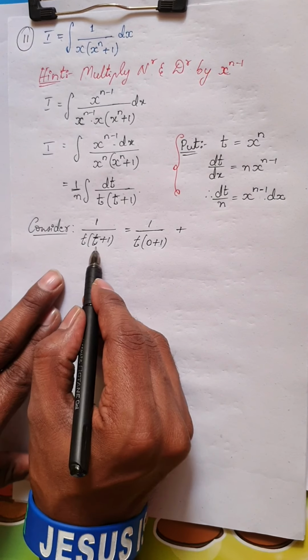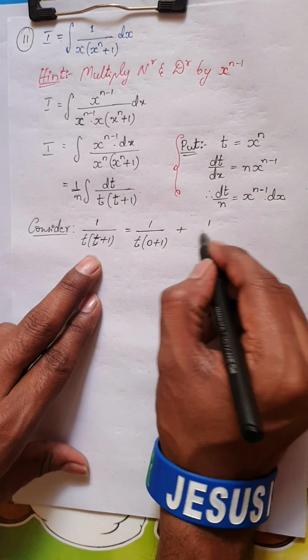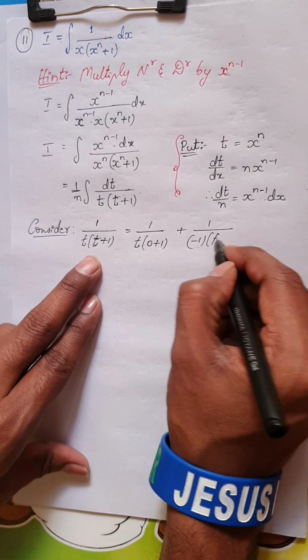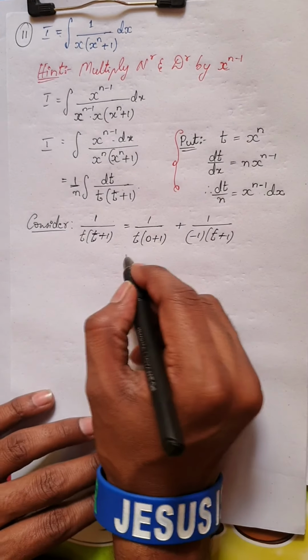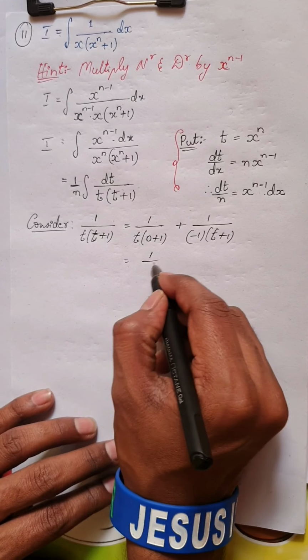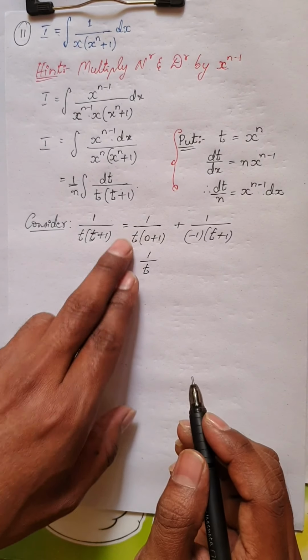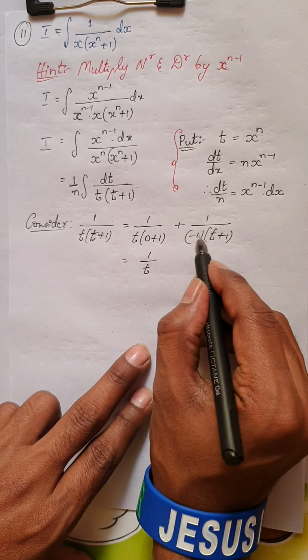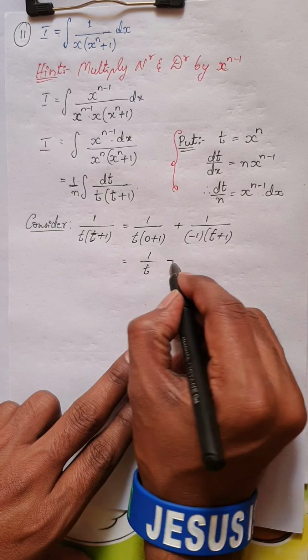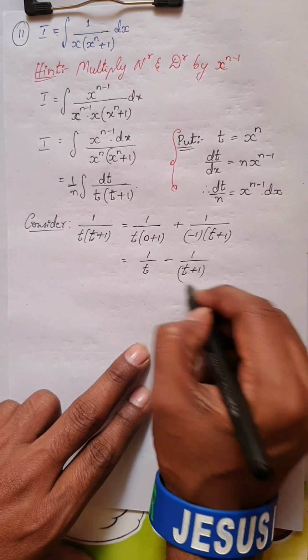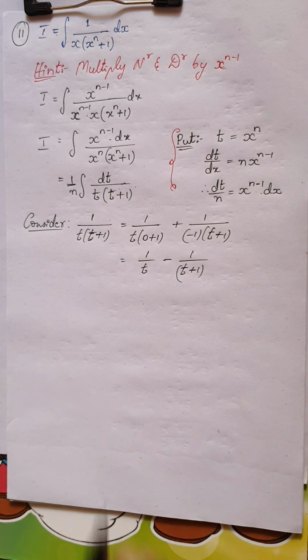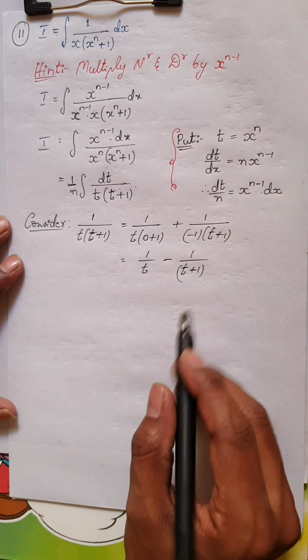For the second, put t is equal to minus 1, so it is 1 divided by minus 1 into (t plus 1), which gives 1 into t, and the minus sign I am taking here, so minus of 1 divided by (t plus 1). Is it clear? So I have already resolved it into partial fractions.